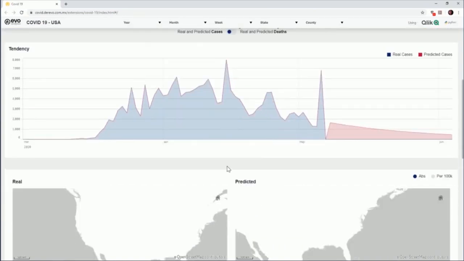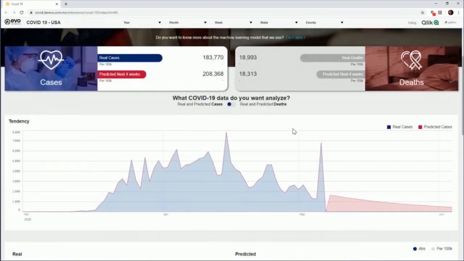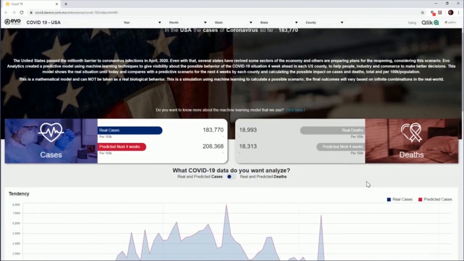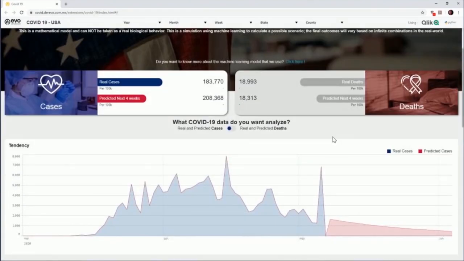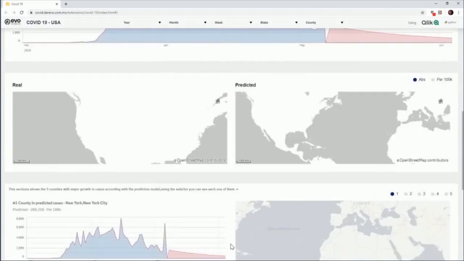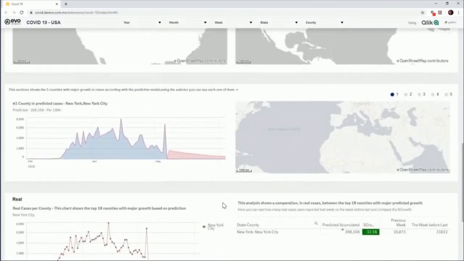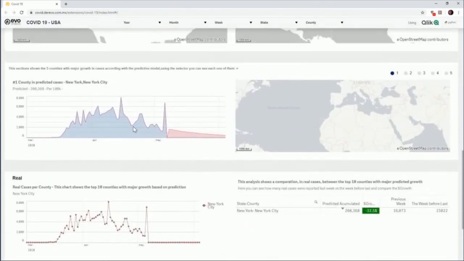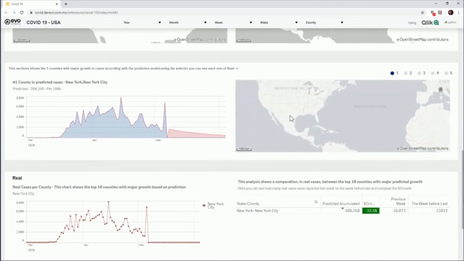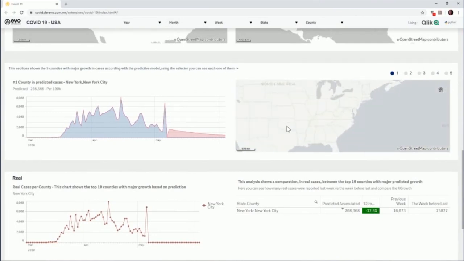So right now, since I have chosen the state above the county, I can go down and see the detailed graph and the map for the specific case.